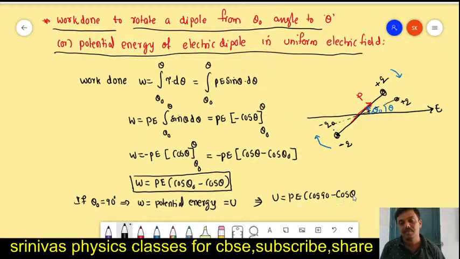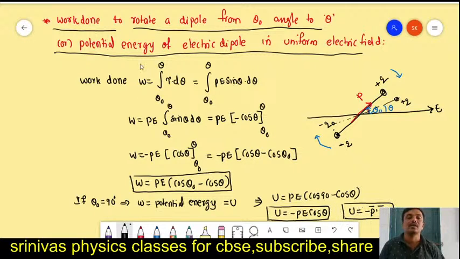Cos 90 value is 0. 0 minus cos theta is minus cos theta. P into minus cos theta is minus P E cos theta. Finally, we get the potential energy formula as minus P E cos theta. This we can also write in vector form, that is minus P vector dot E vector. This is the potential energy formula.